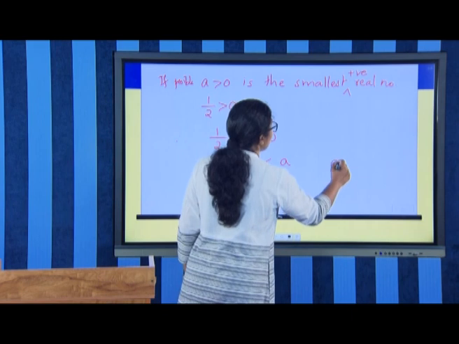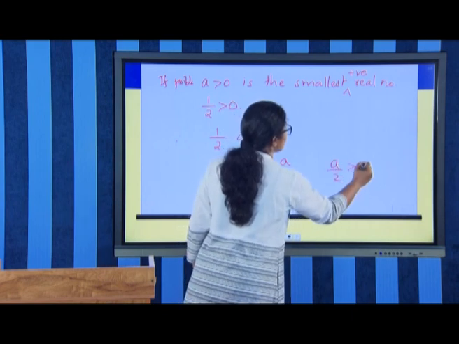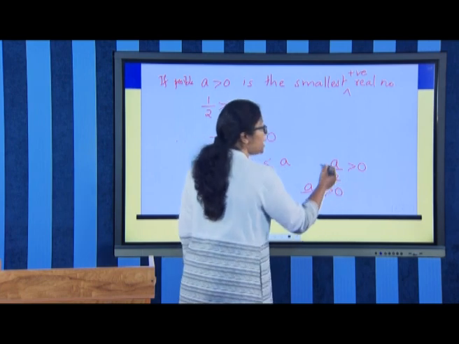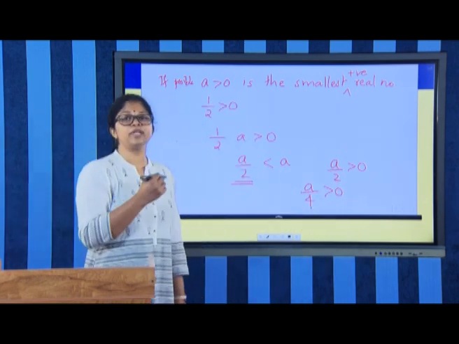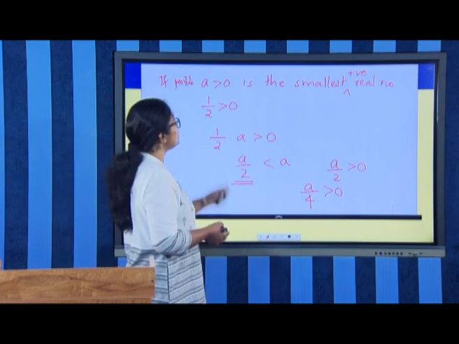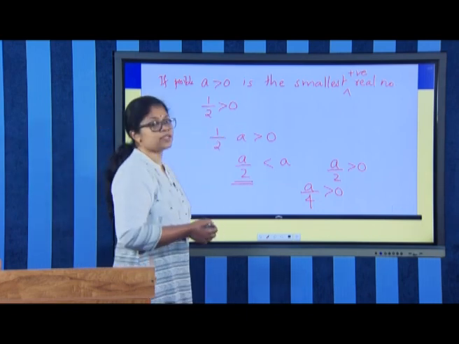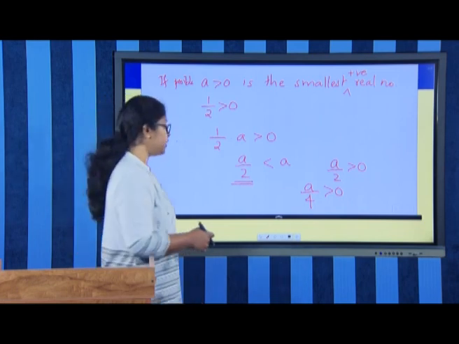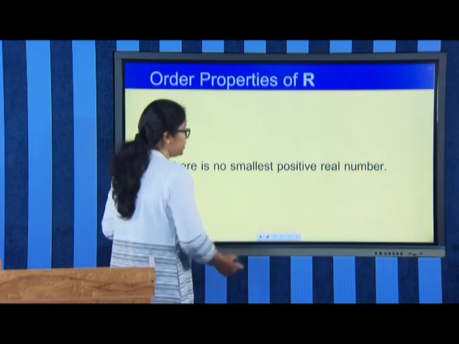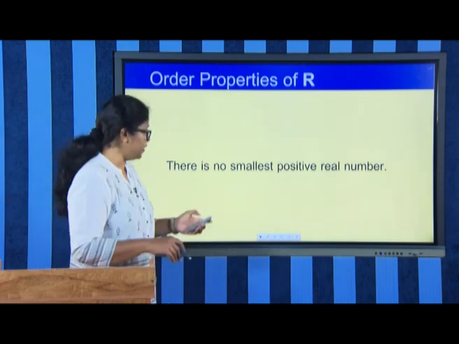Similarly, we can find A by 4 greater than 0. Likewise, we can find infinitely many smaller positive real numbers. So, we cannot have such an A greater than 0 to be the smallest positive real number. So, that shows the proof of this result: there is no smallest positive real number.